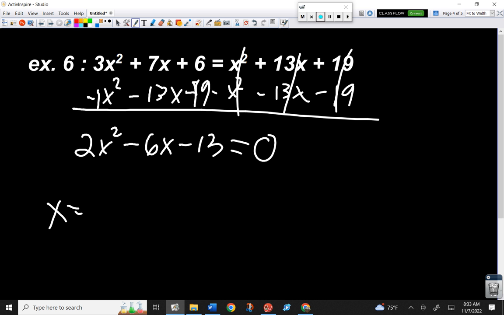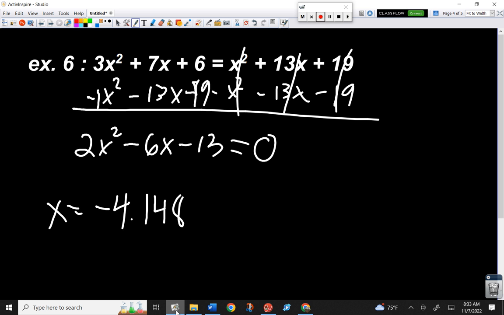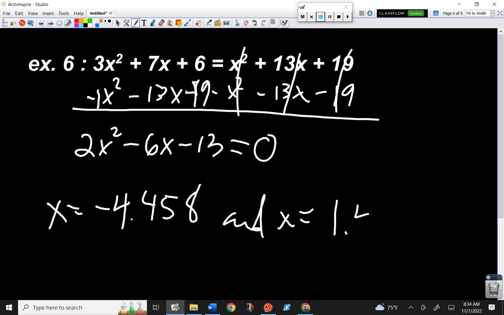So x equals 4.458 and x equals negative 1.458.